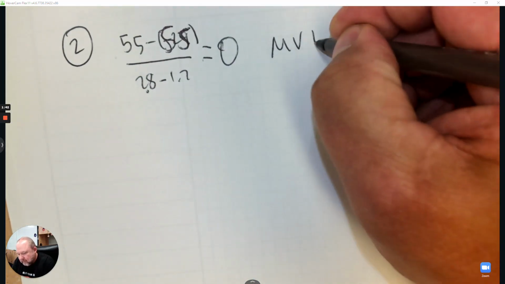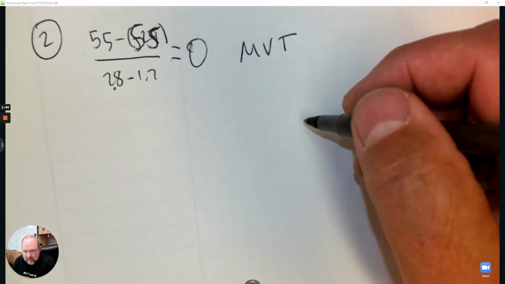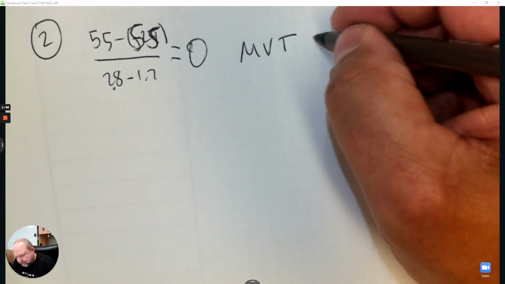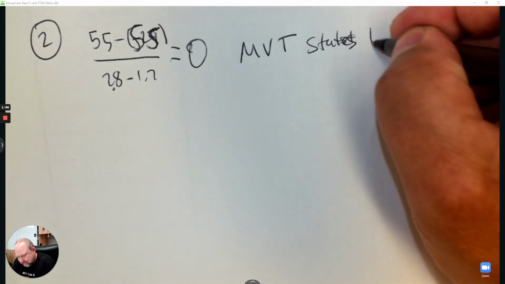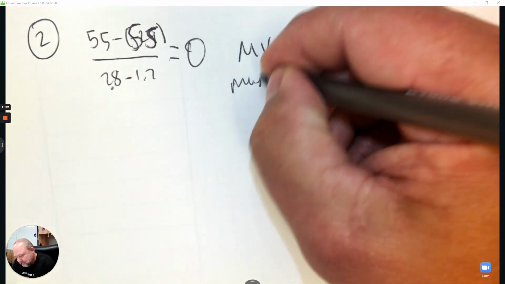So what? They're looking for the mean value theorem. You can write those letters down. I think that states there must be at least one time.